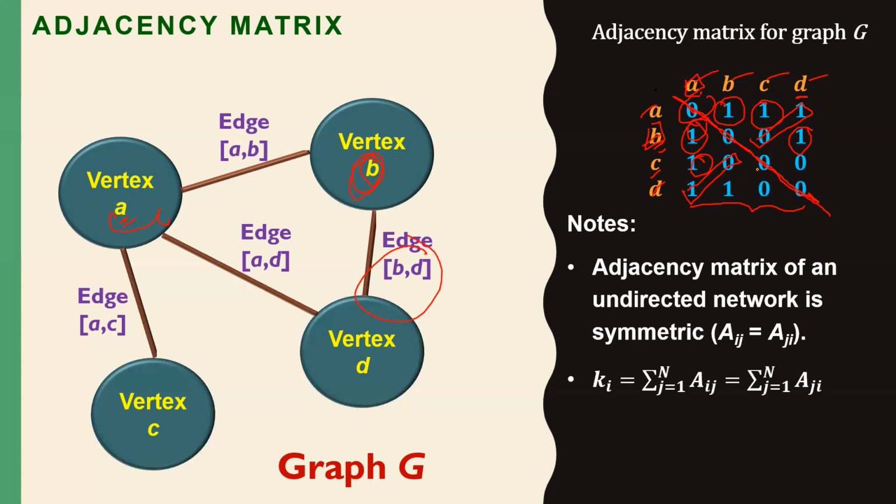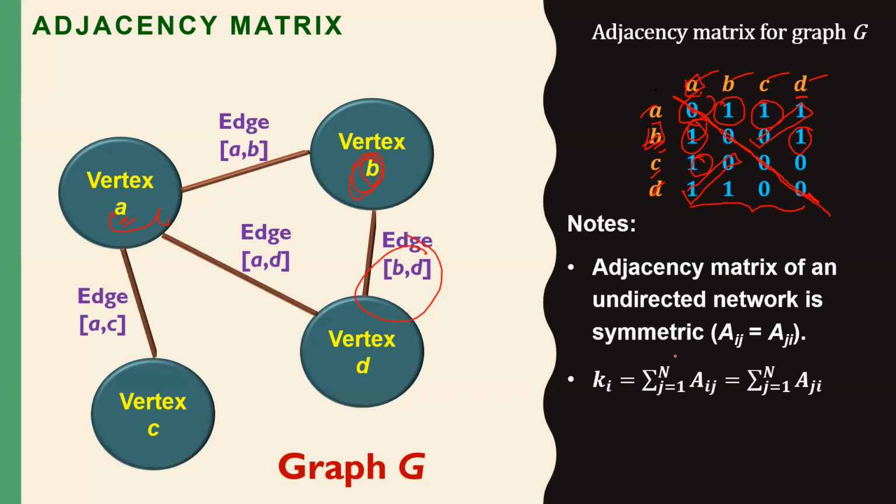And then if you want to know the degree of a vertex I, you simply need to add up the numbers in the corresponding row, or the numbers in the corresponding column, right?